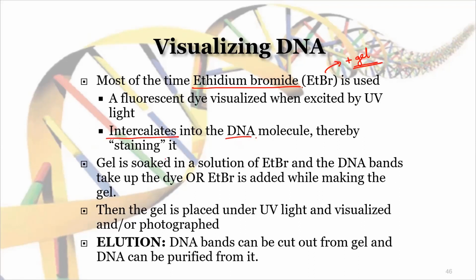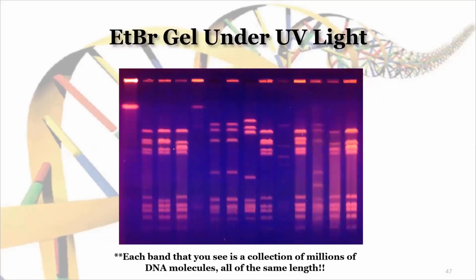This ethidium bromide intercalates into the DNA molecule, right? After that, when you expose UV light, then it will fluoresce. It appears like a fluorescent dye and will give you a typical color like this.